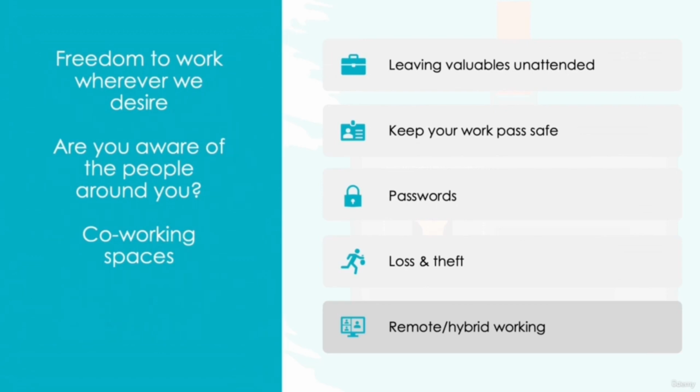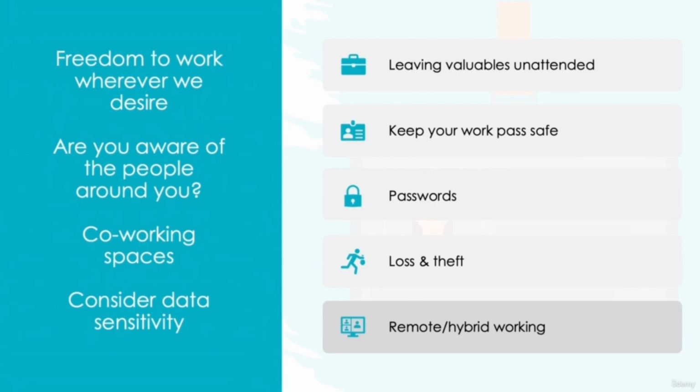For example, are you being overlooked by other people? The sensitivity of the data that you're working with. For example, if you're required to make company calls, might you be overheard? And even such things as the location of the printers or the scanners in the workspace. If you need to use their facilities, can you ensure privacy of that information?